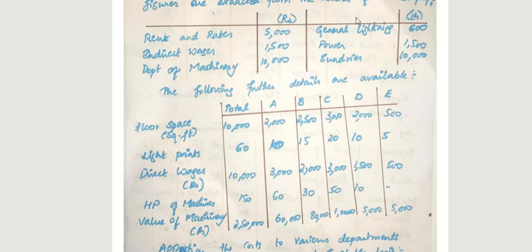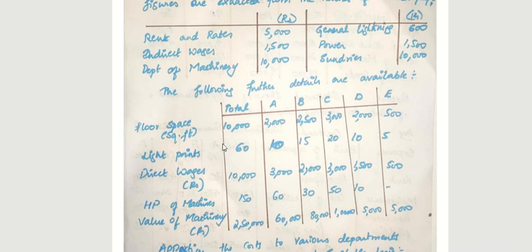So your general lighting, now in this question the light points are given. So general lighting can be apportioned based on light points. Power can be apportioned based on HP of machines, which is the power used by the machines. Sundries can be apportioned based on direct wages.